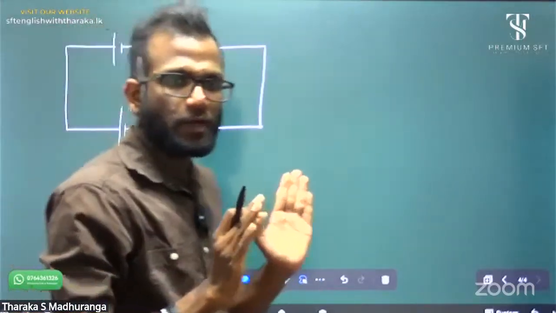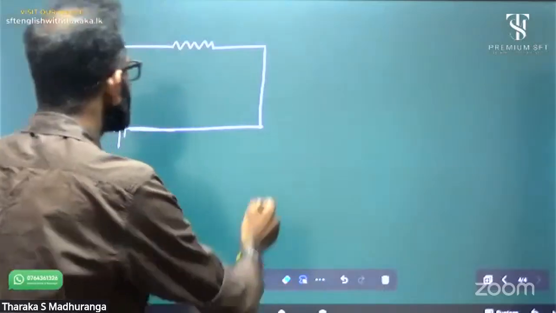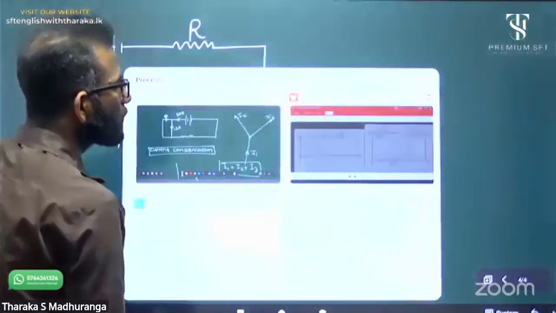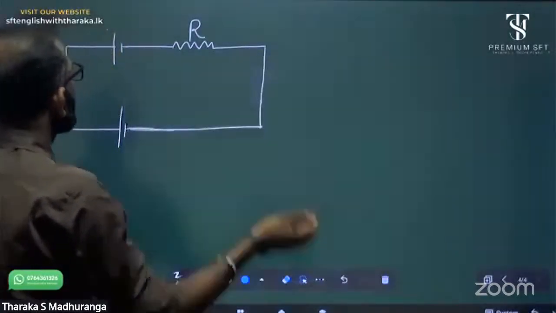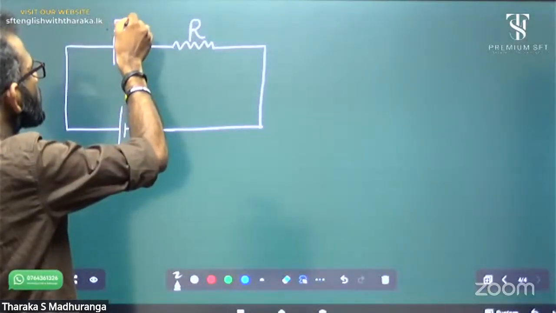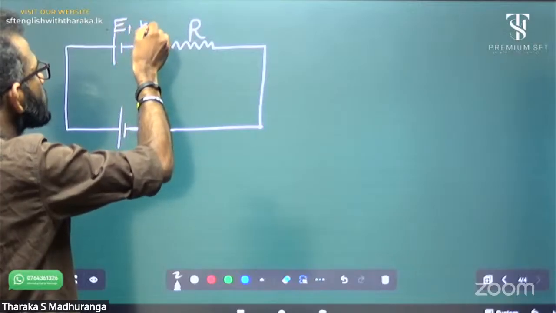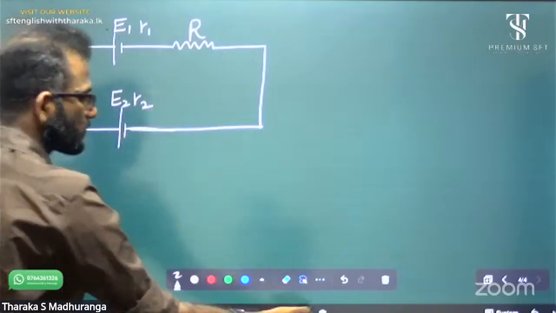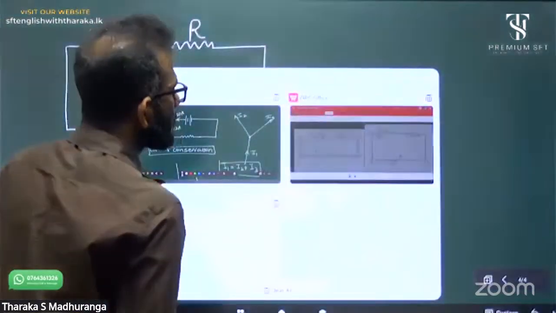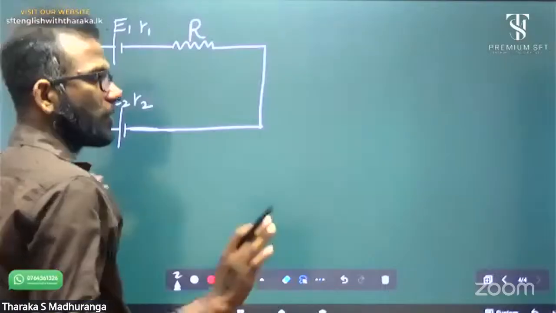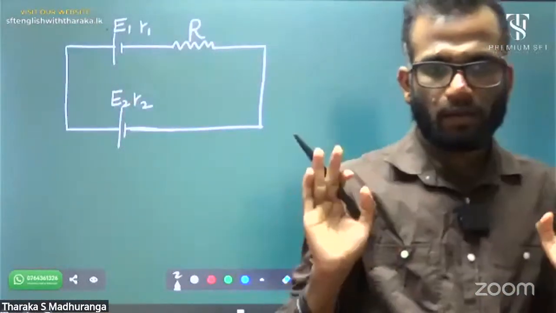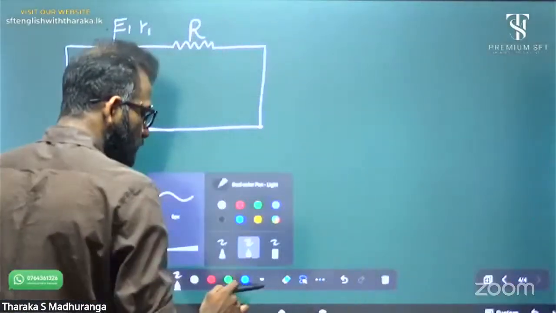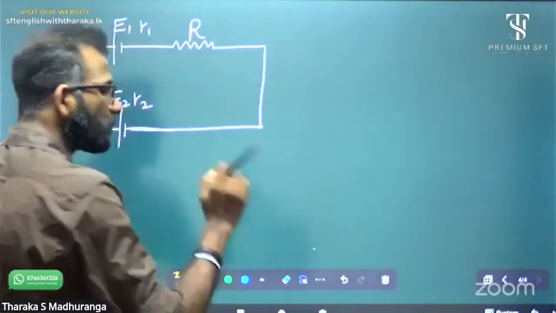Okay, this is my circuit. This is the capital R. This is the capital R. This is electromotive force 1 and simple r1, electromotive force 2 and simple r2. I'm going to do this question step by step.